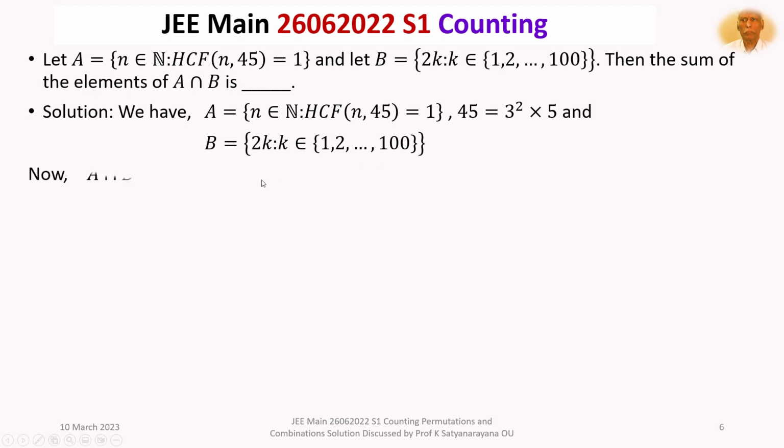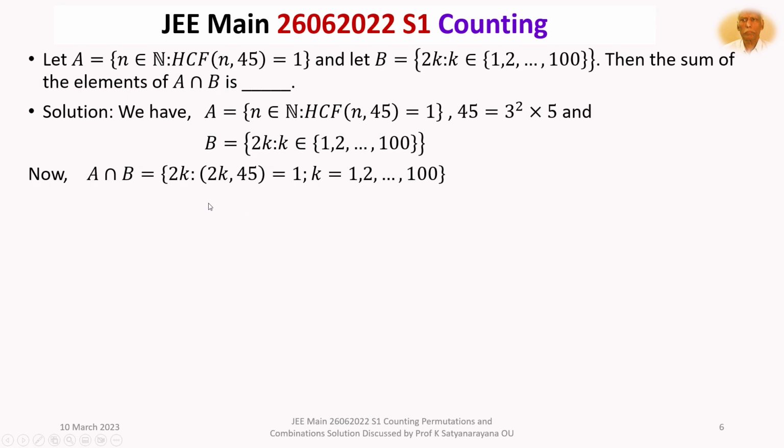up to 200. Now A intersection B is equal to the set of all 2k, because the intersection we are taking, set consisting of 2k such that the GCD of 2k comma 45 is 1, where k is equal to 1, 2, 3 up to 100. Now how do we enumerate this one?